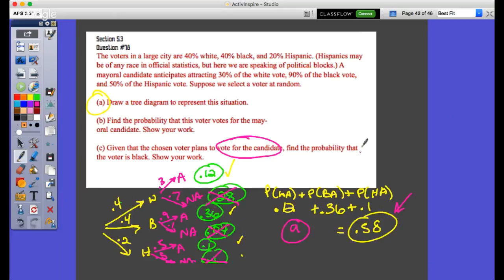This is part A. Part B states that out of the 0.58, what probability were those people that voted and would be attracted? Black. And we could put 0.36 of those who were black would be attracted. So that would be 0.36 divided by 0.58 here.